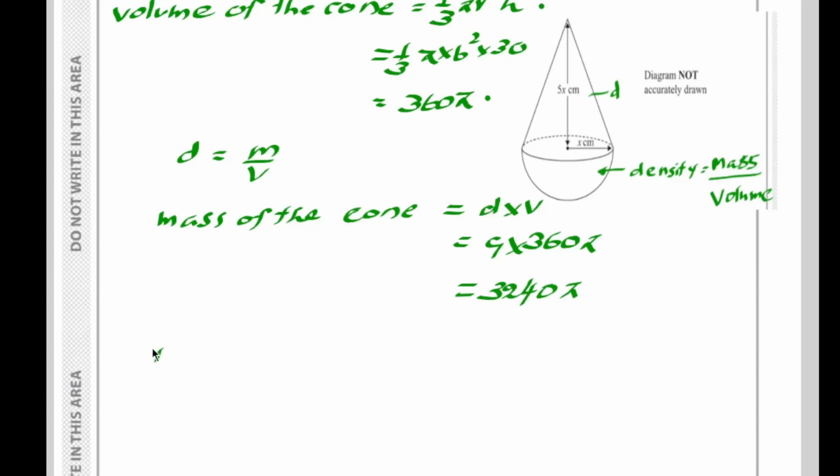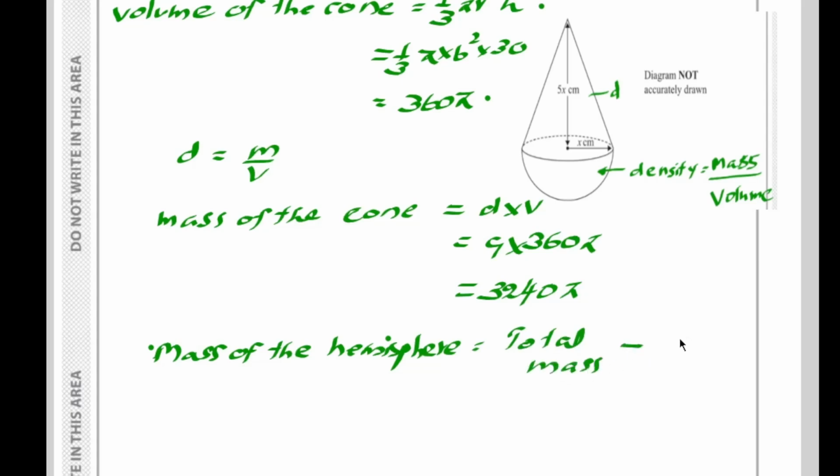So let's get the mass of the hemisphere. It equals total mass minus mass of the cone.